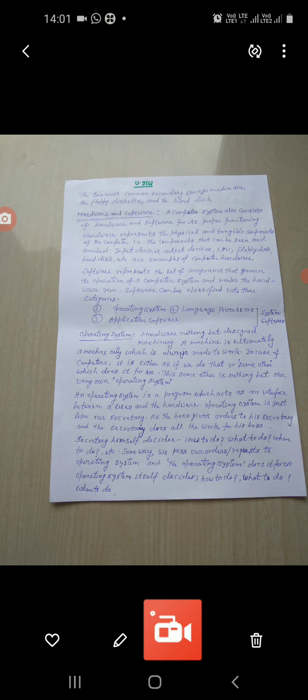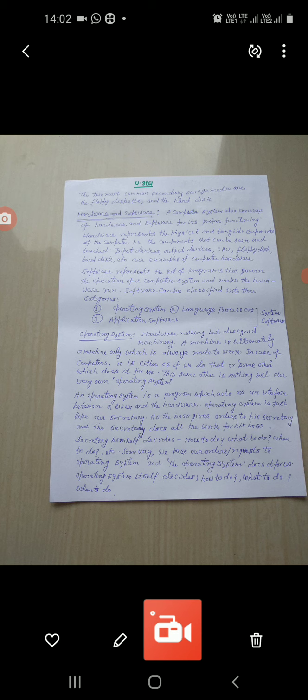An operating system is a program which acts as an interface between a user and the hardware. The operating system is just like our secretary. As the boss gives orders to his secretary, and the secretary does all the work for his boss, in the same way is the operating system.